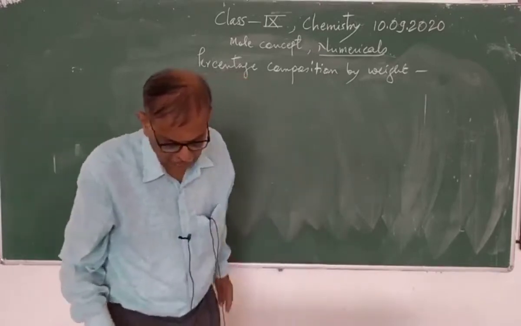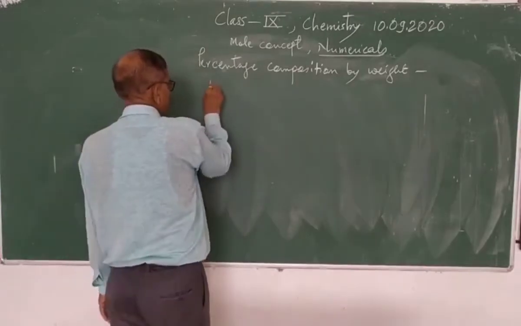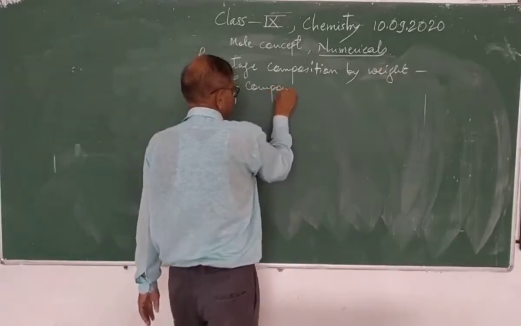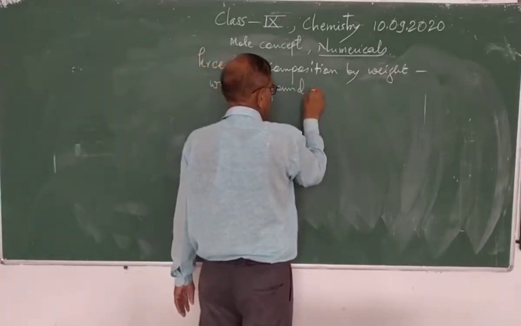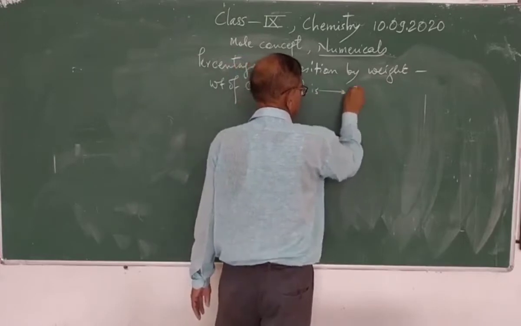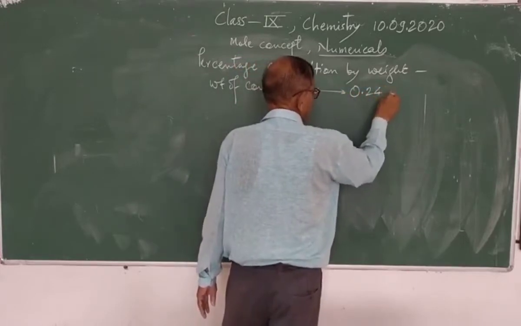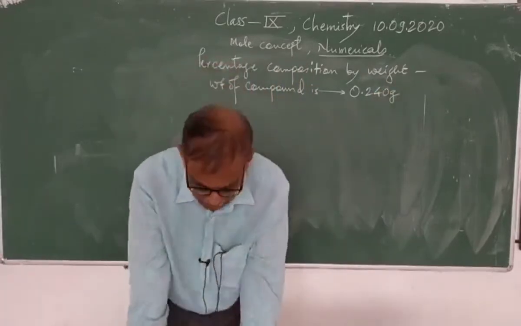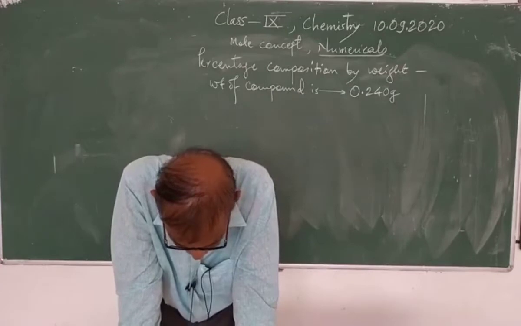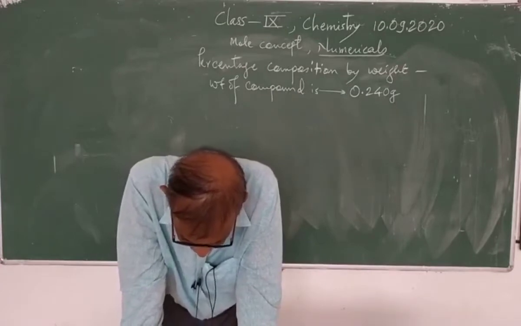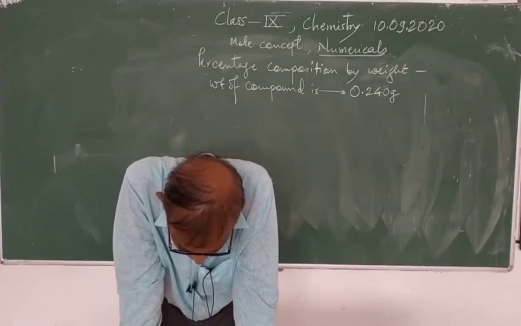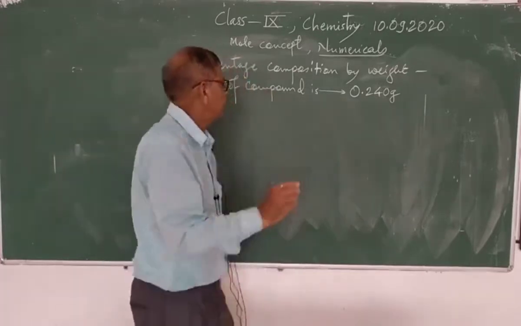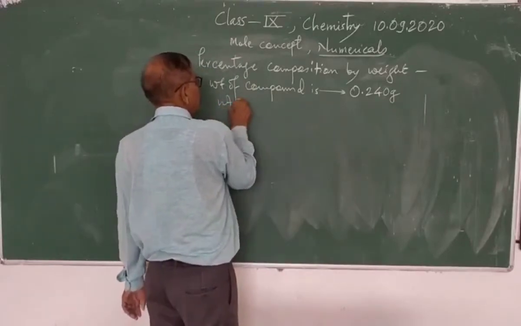So see, the weight of compound is 0.24 gram, and it contains 0.096 gram of boron.